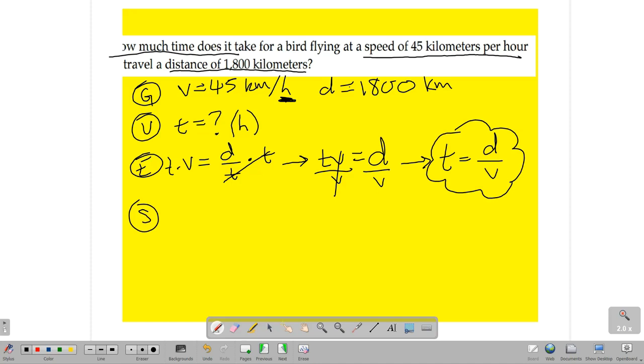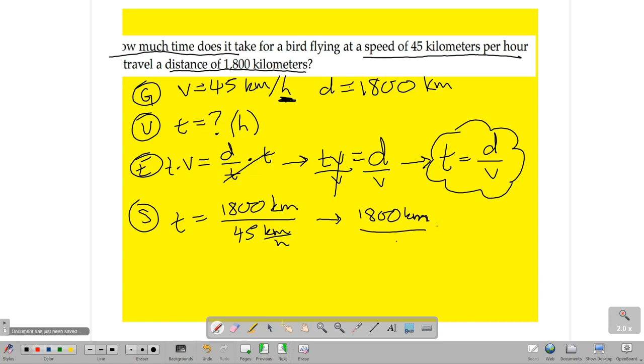So now we can substitute our values in. t is equal to the distance, which is 1,800 kilometers, over 45 kilometers per hour. Now, if it doesn't make sense to you how your units are coming out, you don't need to do this part, but I'll just show this. I could rewrite this as 1,800 kilometers over 1 times 1 hour over 45 kilometers.